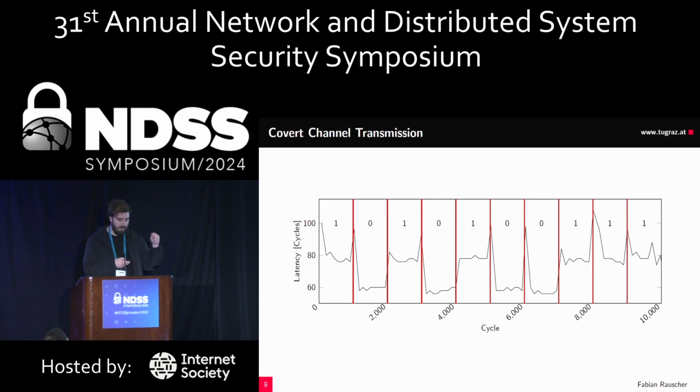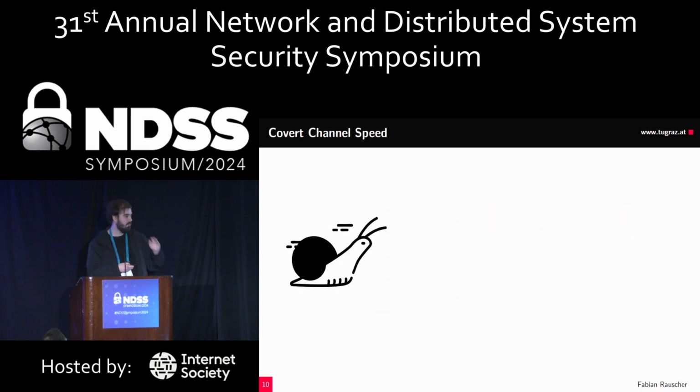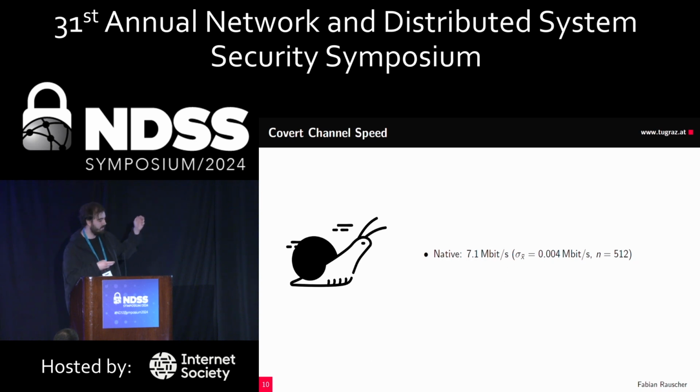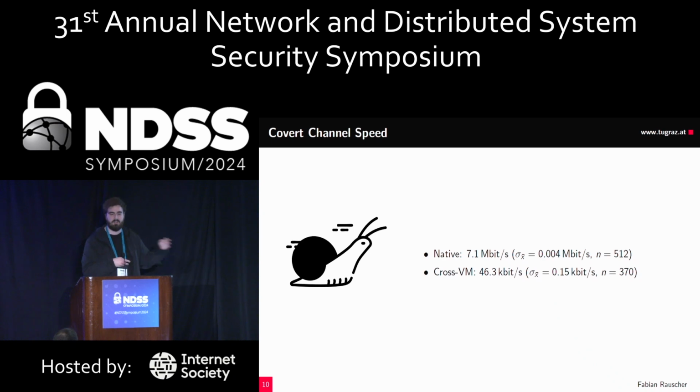Okay, now that's great. That's a covert channel, and this thing is also quite fast. We ran this natively, and we had a speed of 7.1 megabits per second. We also did this through virtual machines, across VMs, and it's significantly slower.